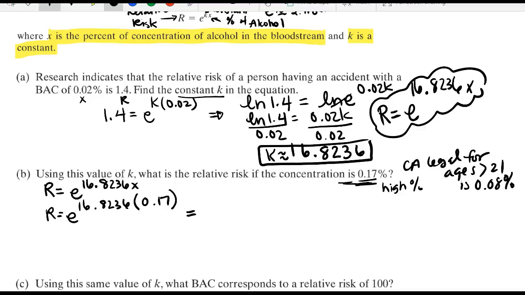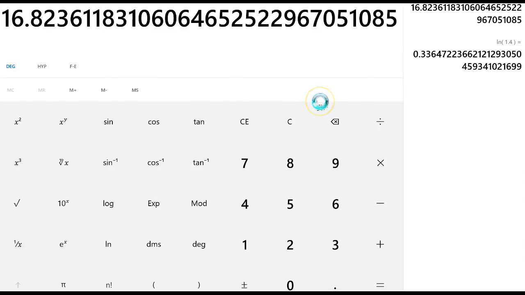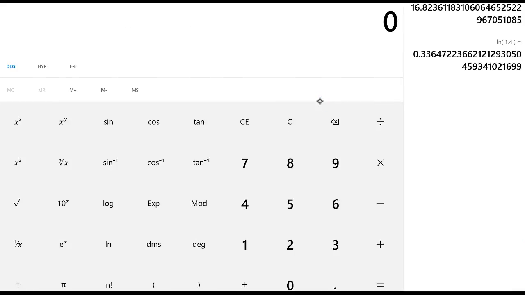So here I'm going to go back and use my calculator. Let's see how good I am at using my calculator. Okay, clear this out. I'm going to find E somewhere. E. Nope, that doesn't work. This is my first time using this, so don't mind me.